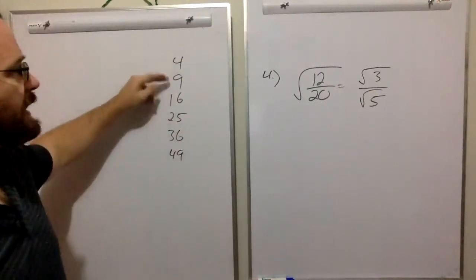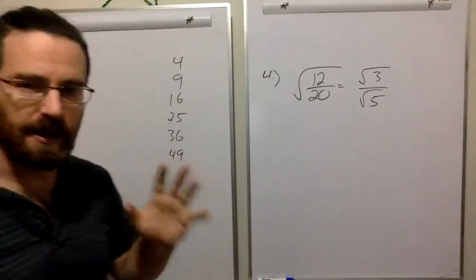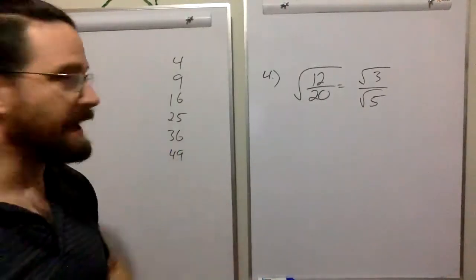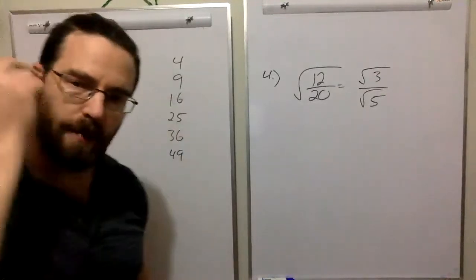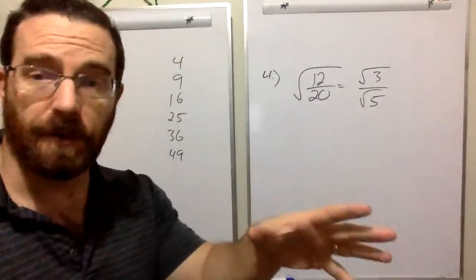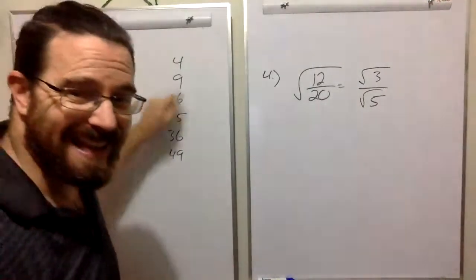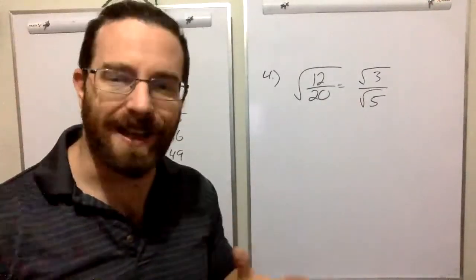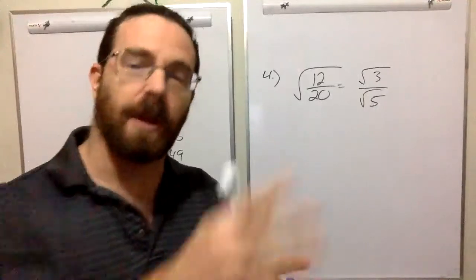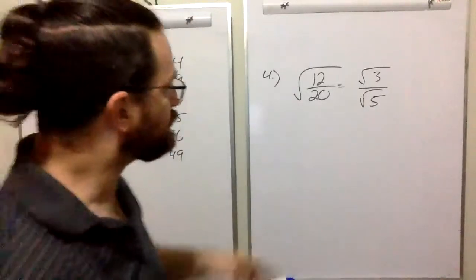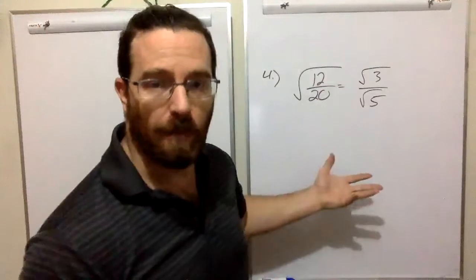These are the ones that are going to be the easiest. You should recognize them really quick. If you see a number that can be divided by 4, it'll automatically go off in your head: there's a perfect square inside there. Take it out. If you see a number that can be divided by 9, those are ones we should quickly recognize. There's a perfect square inside that number. In this case, there are no perfect squares.